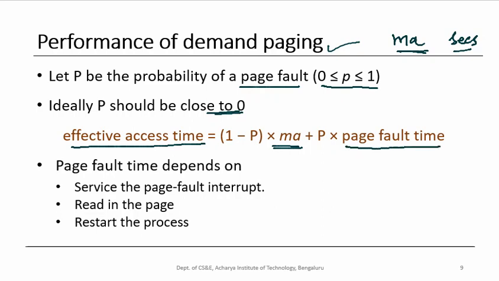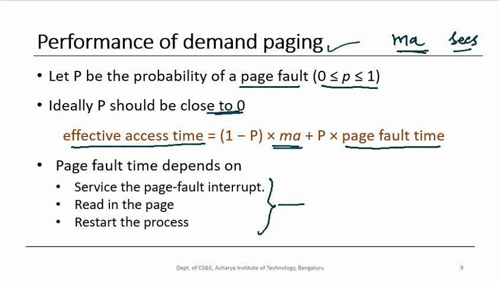This page fault time depends on a lot of parameters or activities. What are those activities? These are the activities on which page fault time depends. Service the page fault interrupt, so you have to do the context switching.